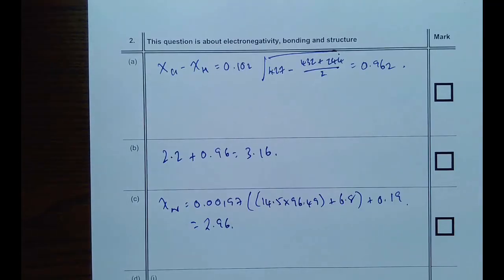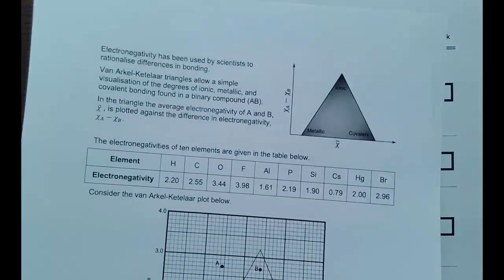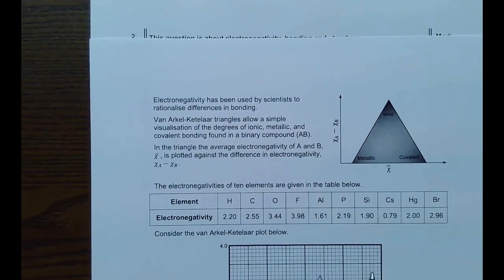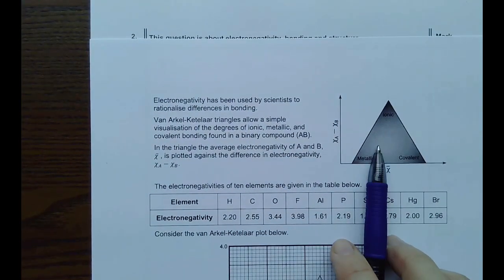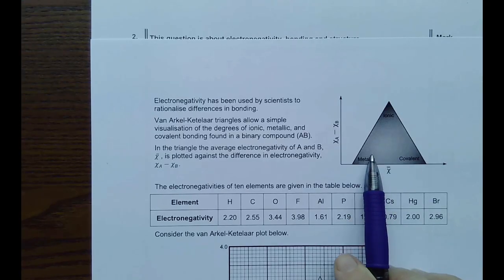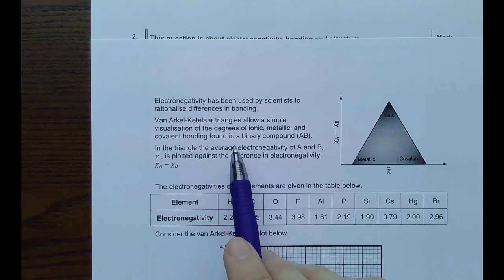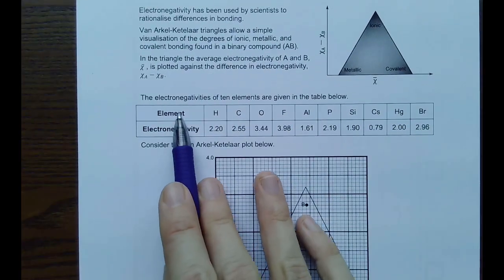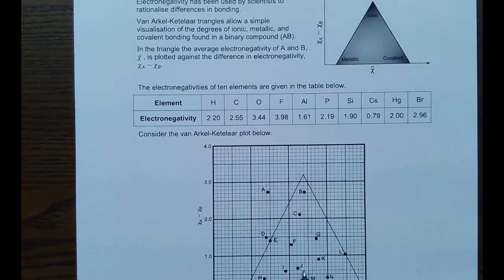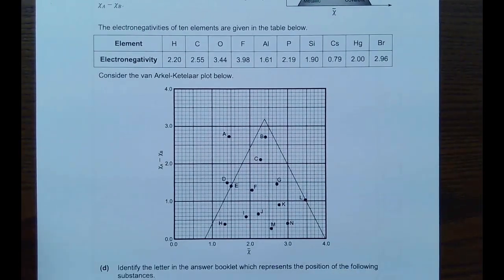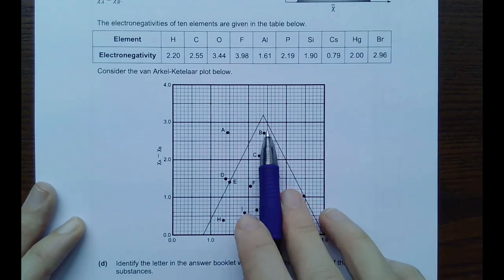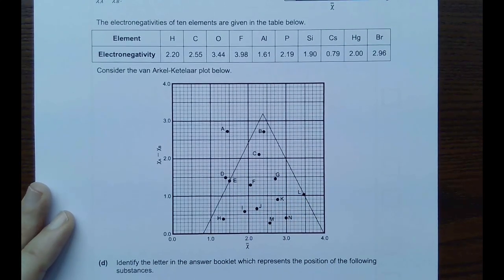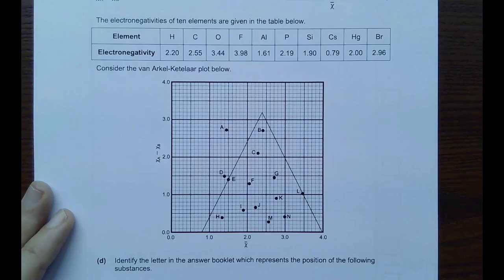Now this is where the question starts to get a little bit more interesting. So we have the Van Arkel or Van Arkel-Ketelaar triangle here, ionic metallic covalent, and we are given some electronegativity values, and then we have the positions of several different sort of binary compounds on here.